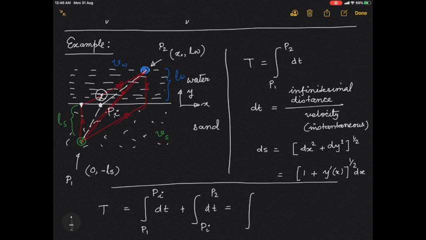And dt I can now replace as ds by velocity. The first will be the velocity in sand, and in the numerator you will have ds, which we have calculated just above, so this is the square root of 1 plus y prime squared dx, and x goes from 0 to xi.